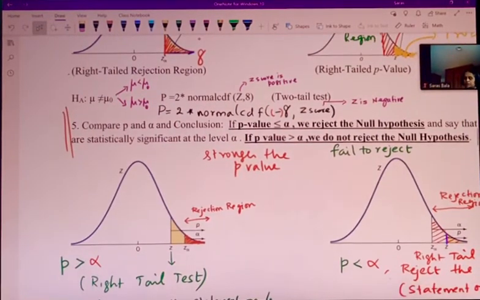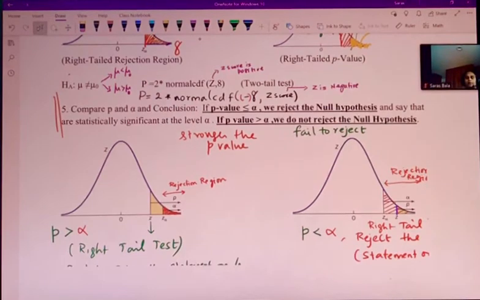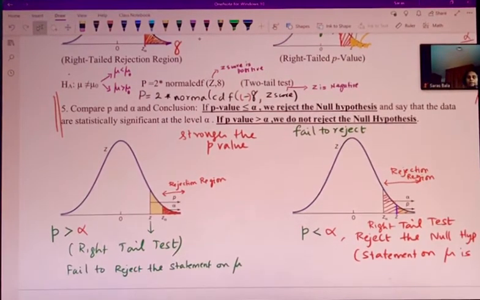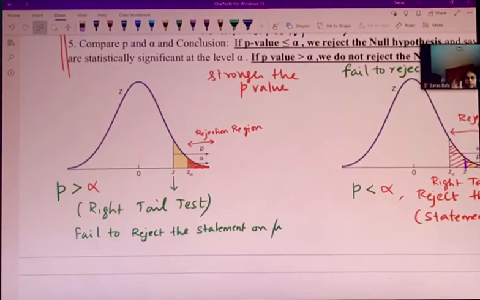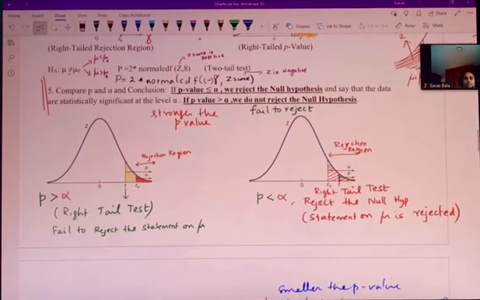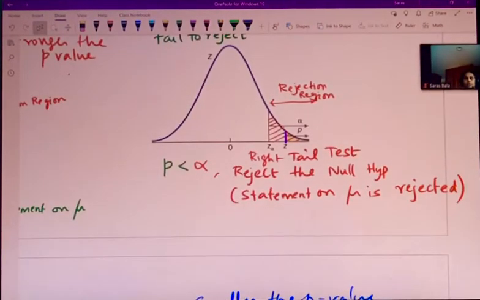All right, the next one, you are going to compare the p-value with alpha. If your p-value is less than or equal to alpha, you are going to reject your null hypothesis. So basically, in this diagram, if your alpha value is falling in the rejection zone, that means you are going to be rejecting your null hypothesis. Alpha is given as some 5 percent or 1 percent or 10 percent, whatever number is given in the problem.